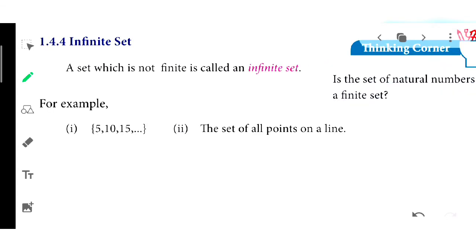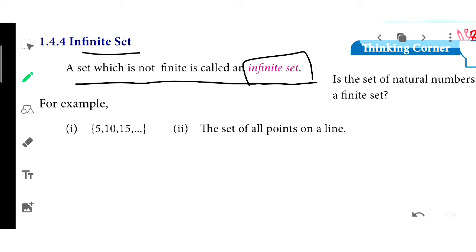Okay students, we are going to the next definition, that is infinite set. A set which is not finite is called an infinite set. That is, when you consider a set and you can see that it is not finite, that it cannot be counted, then that set is called an infinite set.